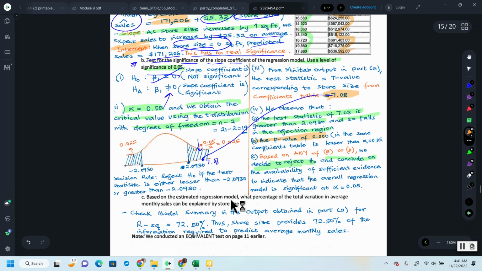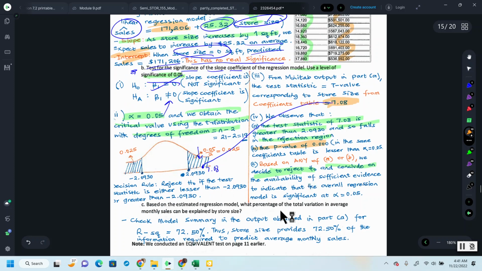Based on the estimated regression model, what percentage of total variation in average monthly sales can be explained by the store size? To answer this question, we need a quantity called the coefficient of determination. It tells us how much of the variation in y can be explained by variations in values of x, and that is your R square.